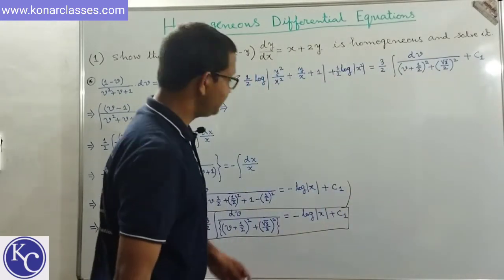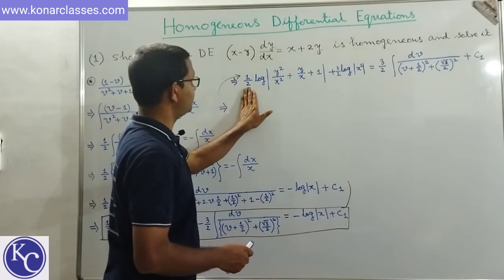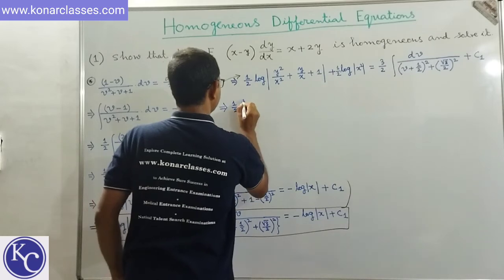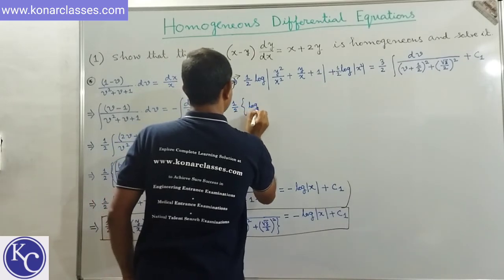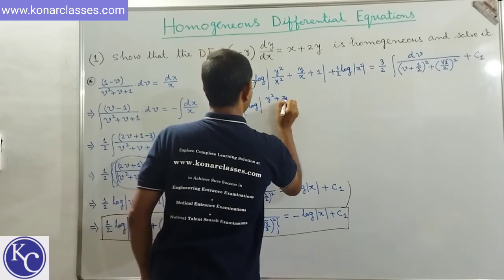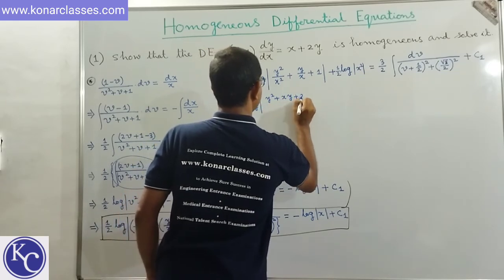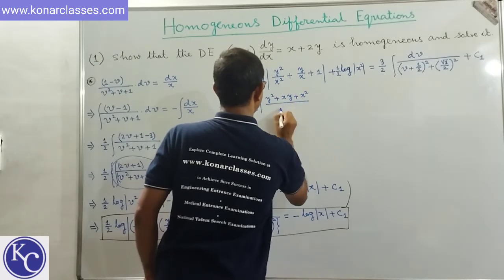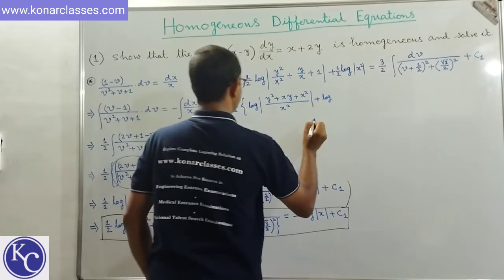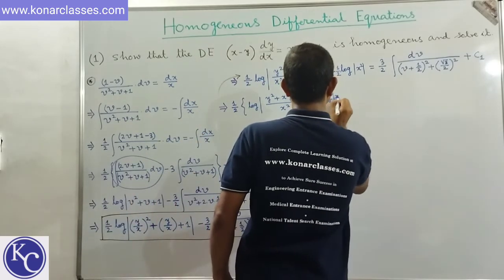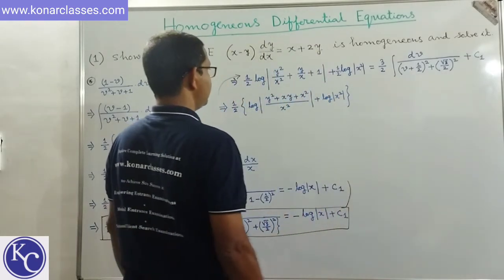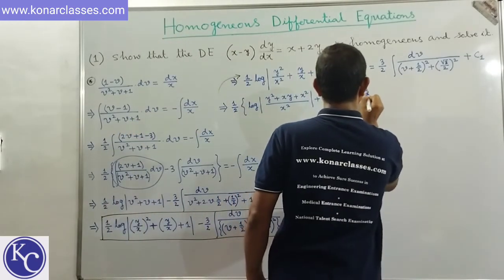So now we can take half common. If we take half common, then in the first expression we get log of y square plus xy plus x square divided by x square plus log of mod x square, correct, is equal to 3 by 2.